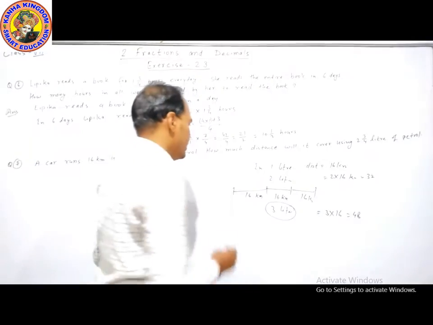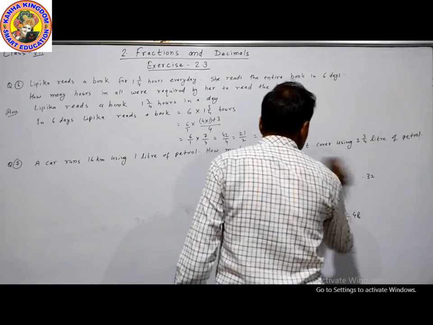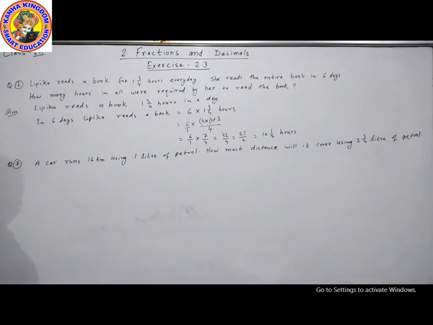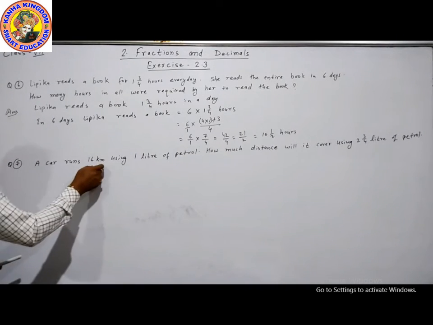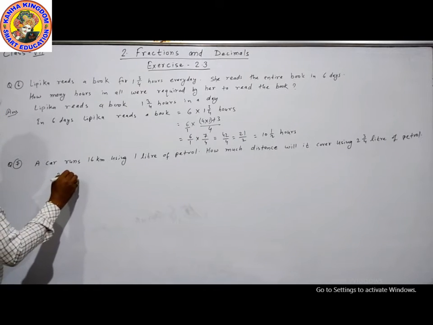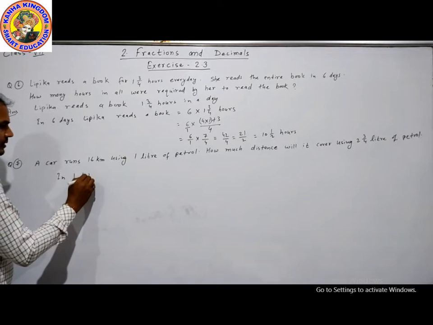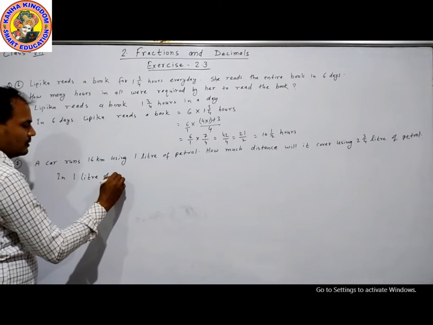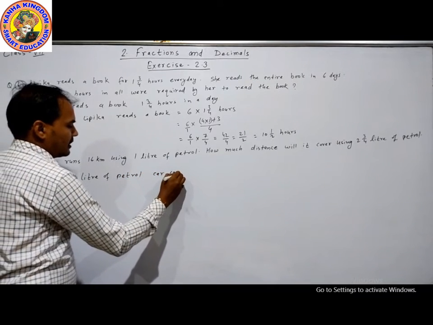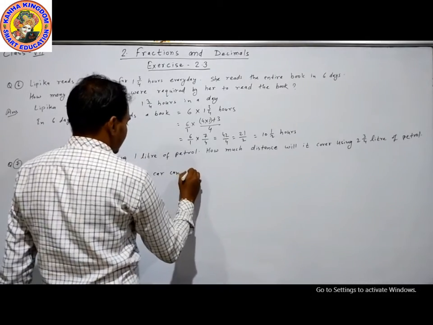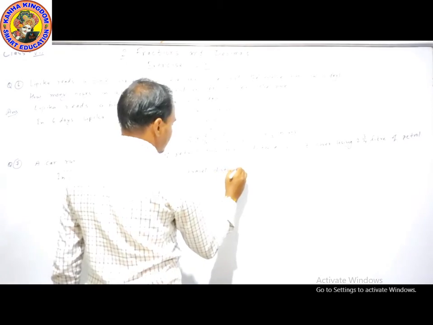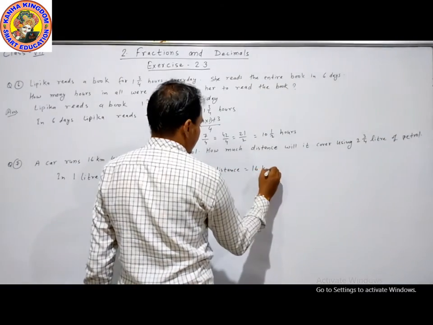So attending to this question, a car runs 16 km using 1 liter of petrol. In 1 liter of petrol, the car can travel a distance of 16 km.